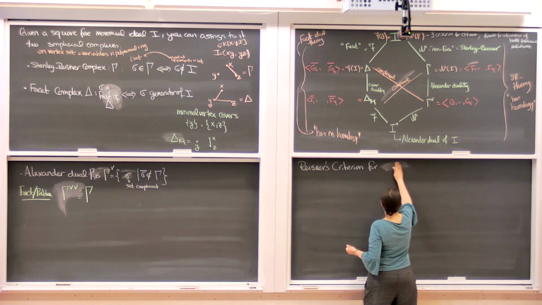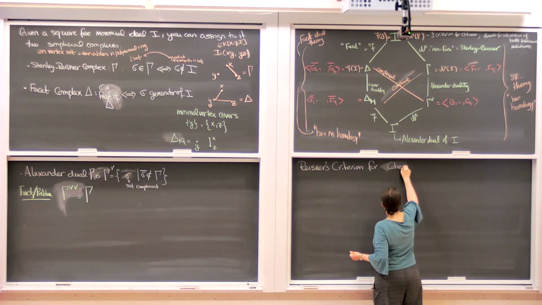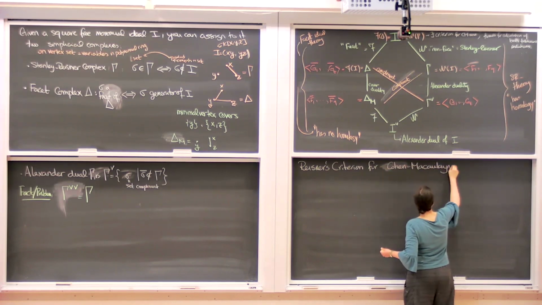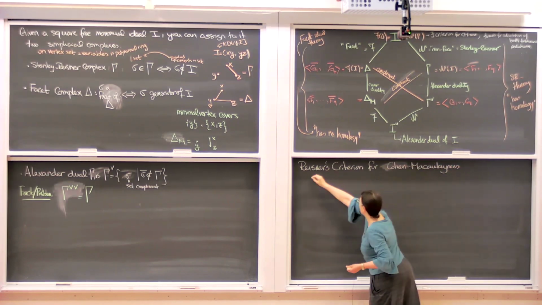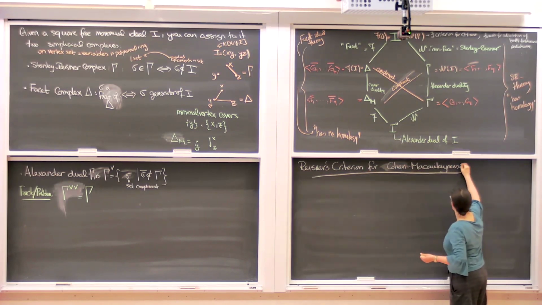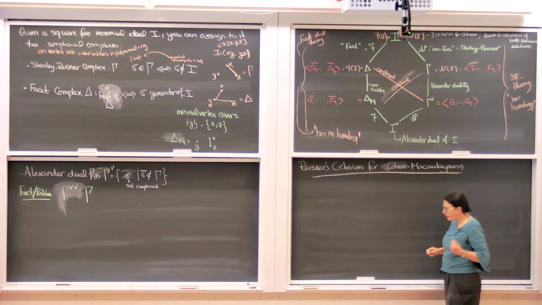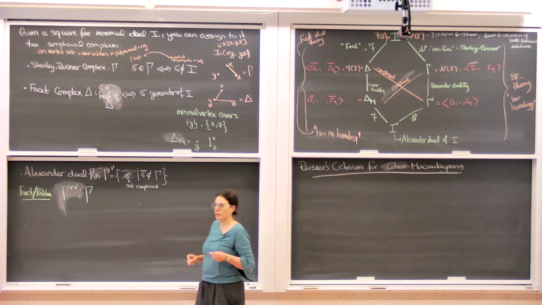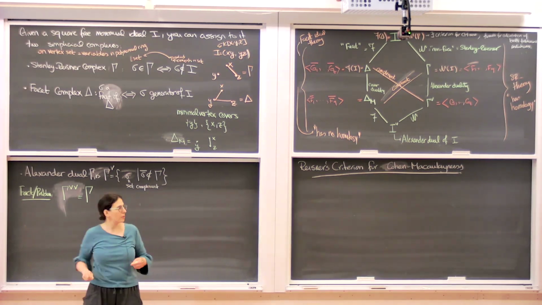Okay, maybe I should write this properly: Cohen-Macaulayness. An ideal is called Cohen-Macaulay if the depth of the ideal is equal to the dimension of the ideal.